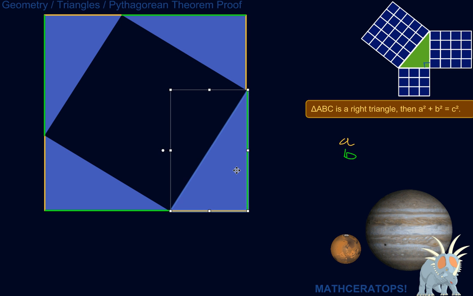Okay, so when we do that, we get this awesome square, which is missing a square on the inside.